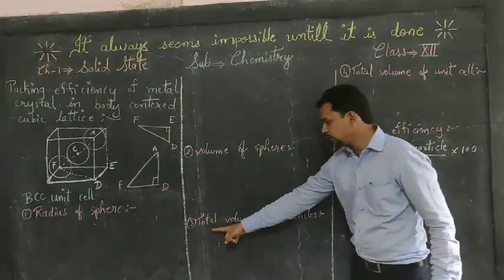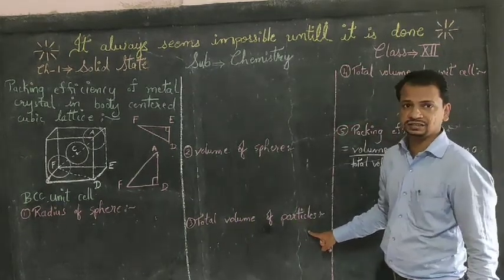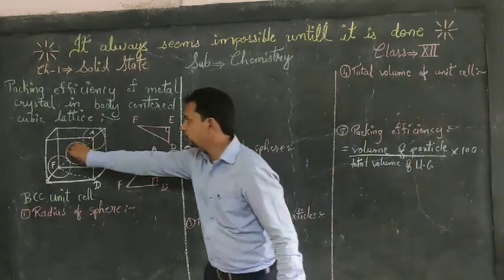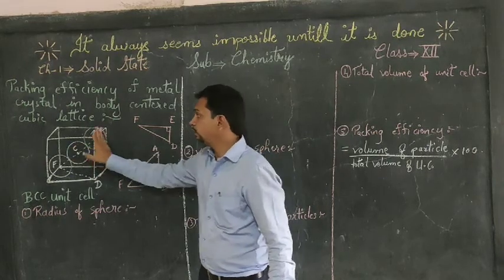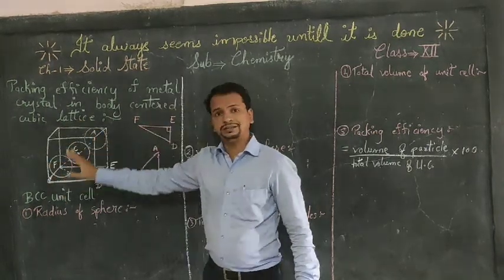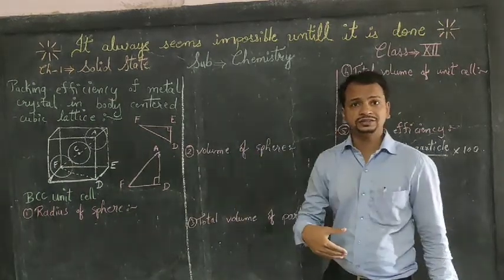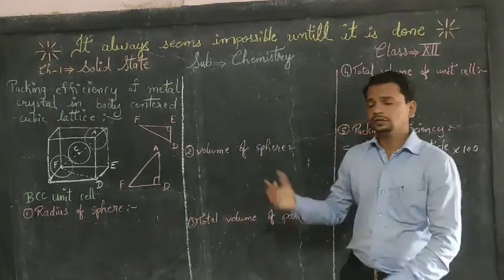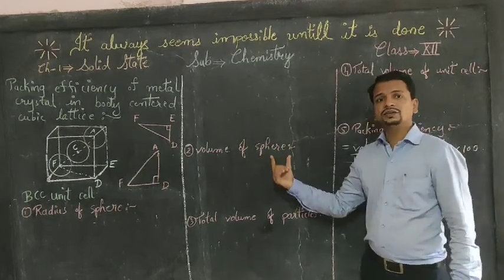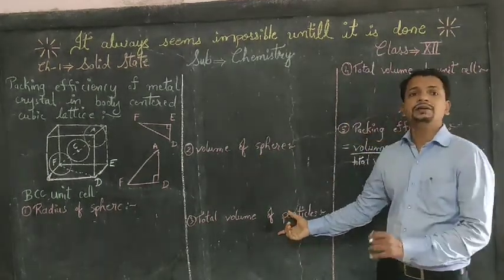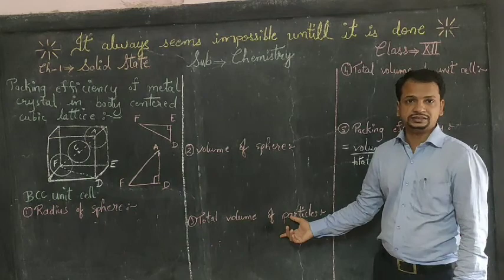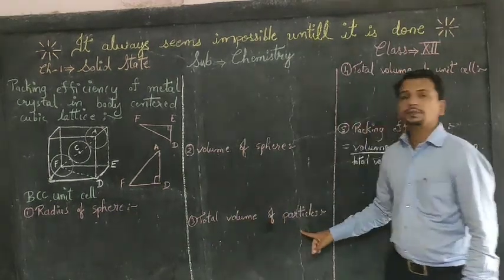In the third step, we have to find out the total volume of particles. After finding the volume of one sphere, we have to find the volume of all the spheres. It means we multiply that answer with the number of particles in that lattice structure. That will be the volume of particles.